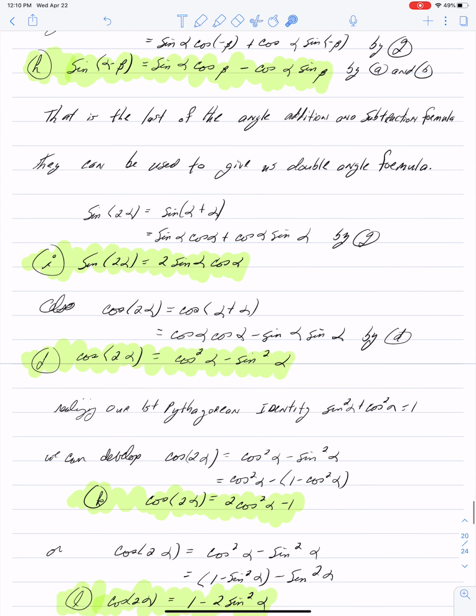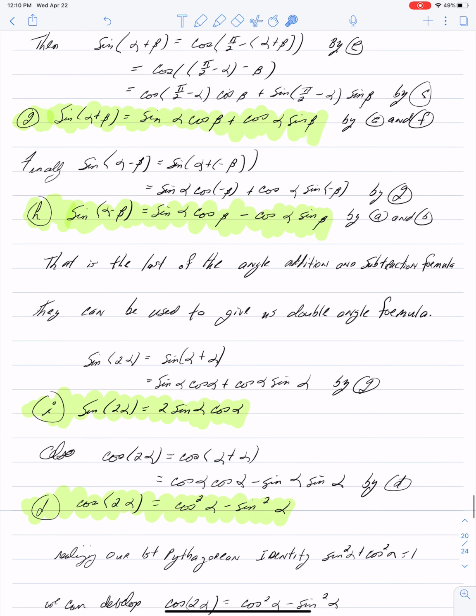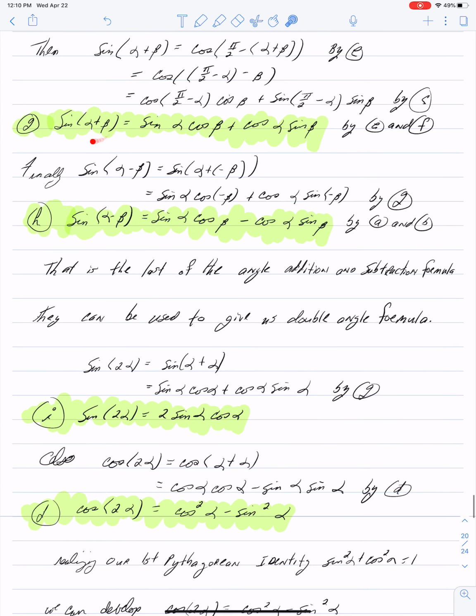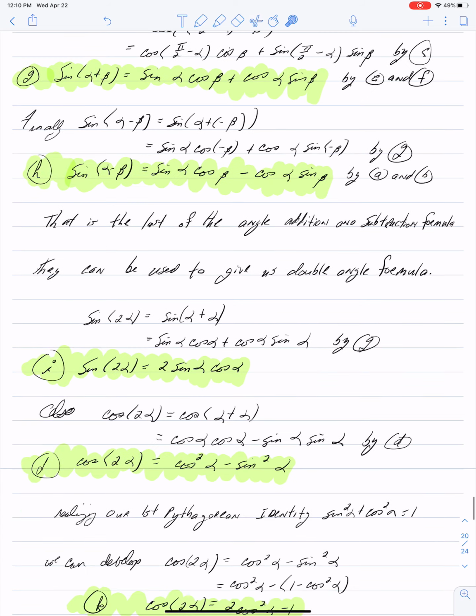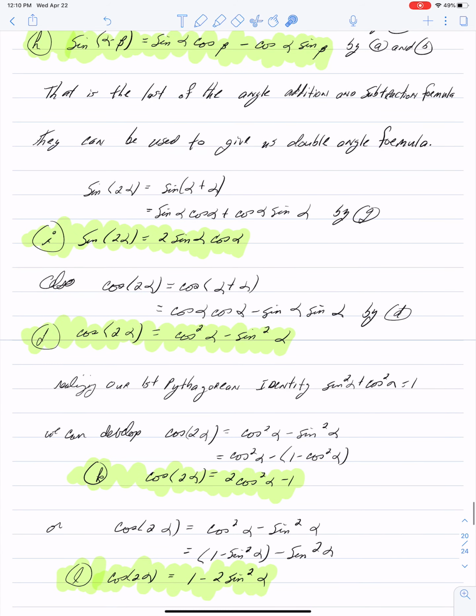How useful? Well, suppose I wanted the double angle formula for the sine. In other words, what's the sine of 2 alpha? Well, one way I could do it is the sine of 2 alpha is just the sine of what? Alpha plus alpha. And now I could use the angle addition formula for the sine, which says what?